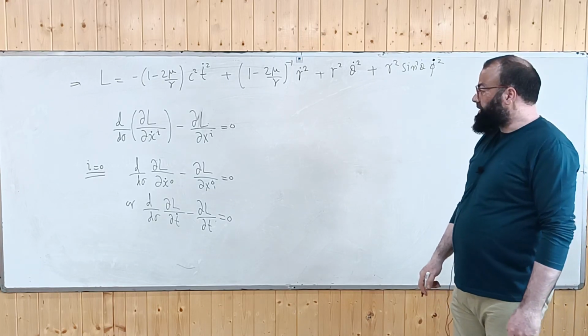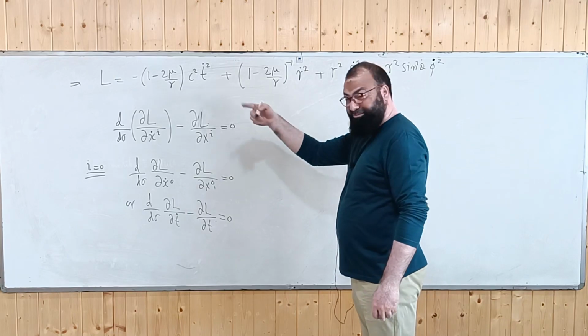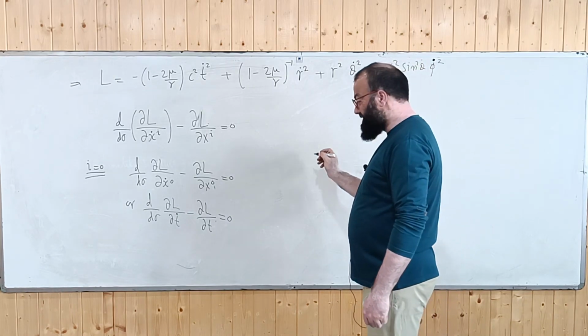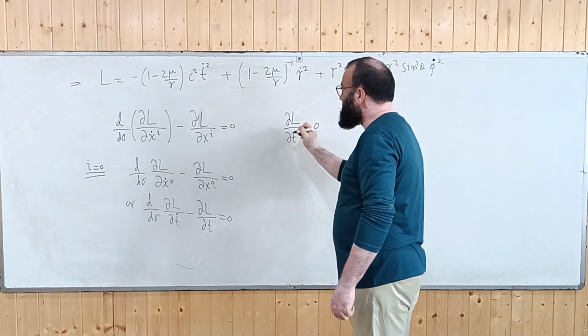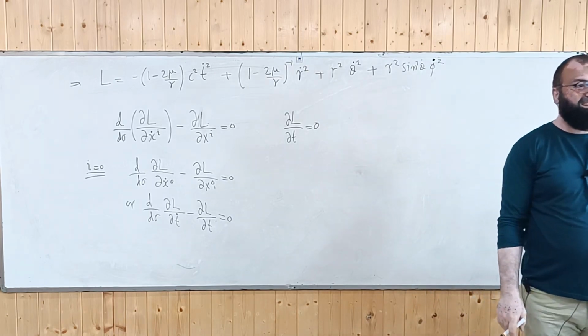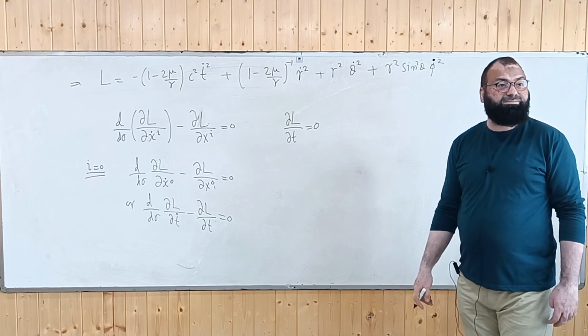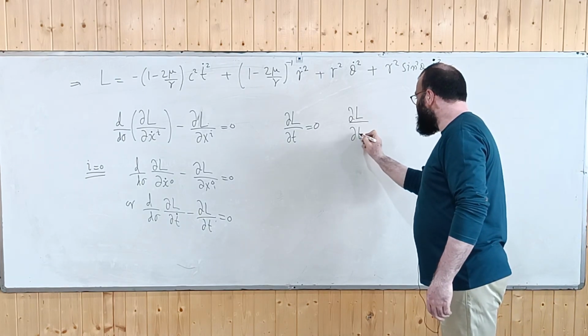Understood? Okay, so now let's derive the equation. So what is our partial L by partial t? First tell me. That is equal to 0 because there is no dependence on t. Okay, so now what is our partial L by partial t dot?